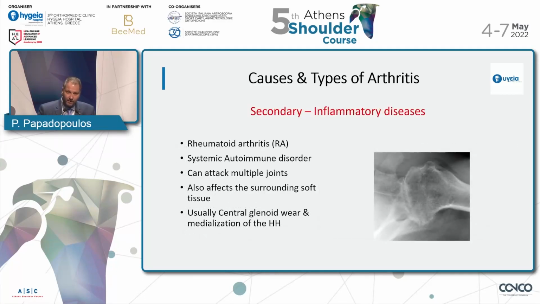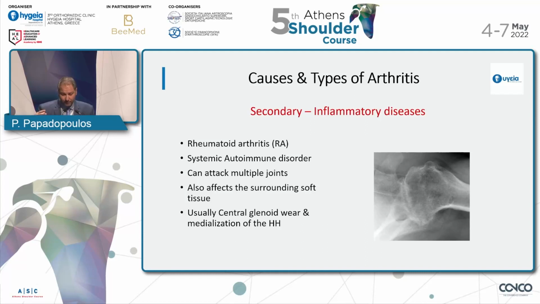Then we have secondary types of arthritis. As inflammatory diseases, rheumatoid arthritis is the most common. It's an autoimmune disorder which can attack multiple joints and also affects the surrounding soft tissues.